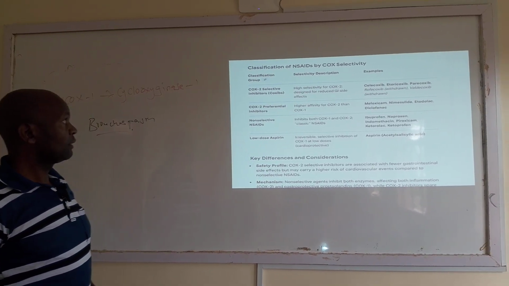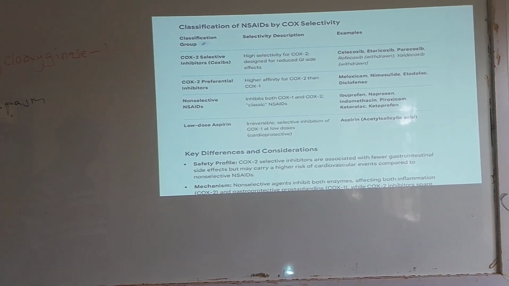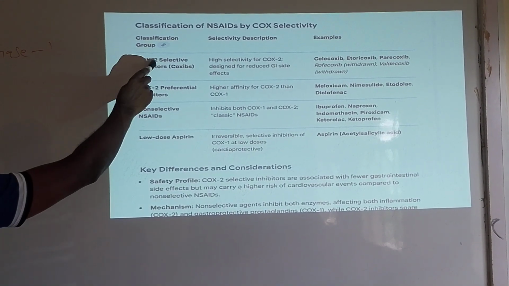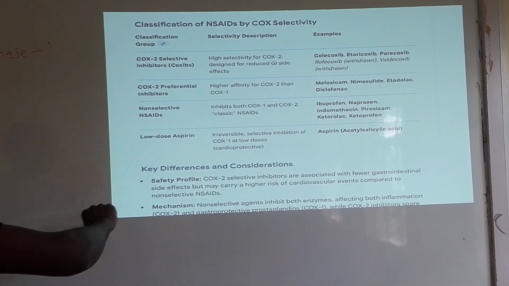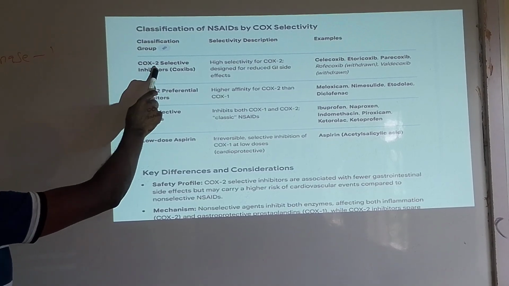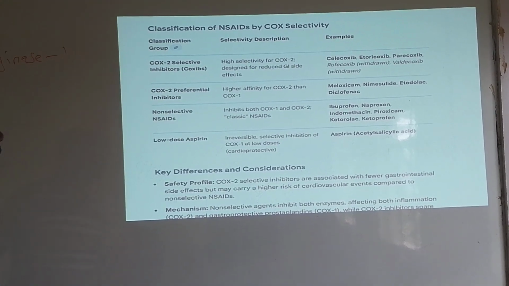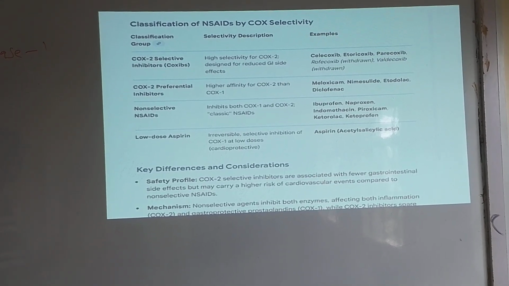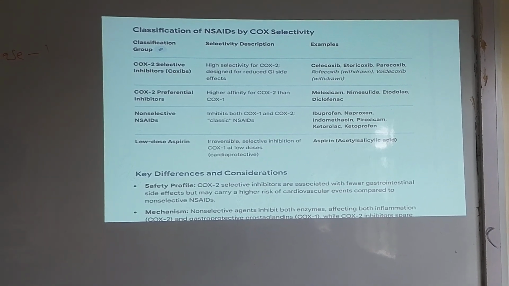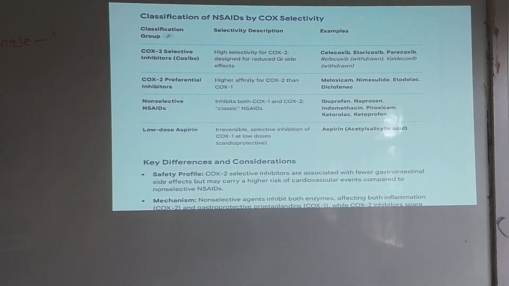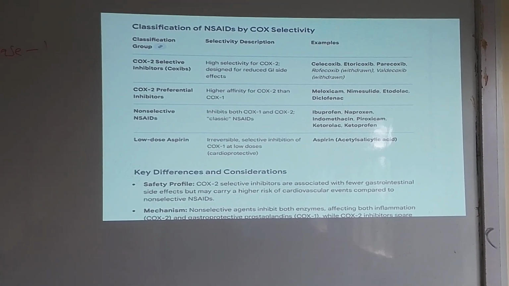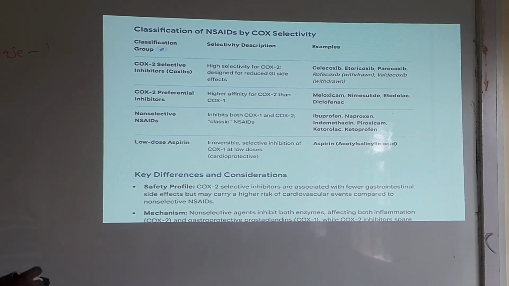Another classification we can base on COX selectivity, and that is COX-1 selective and COX-2 selective. We have COX-2 selective inhibitors. They are highly selective for COX-2. So they inhibit COX-2 more than COX-1, meaning they only work on COX-2. They stop COX-2.